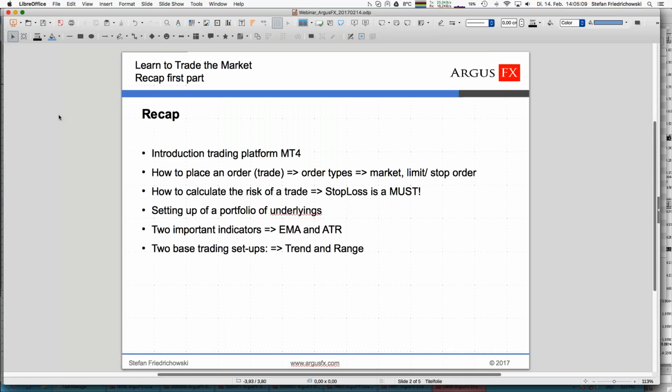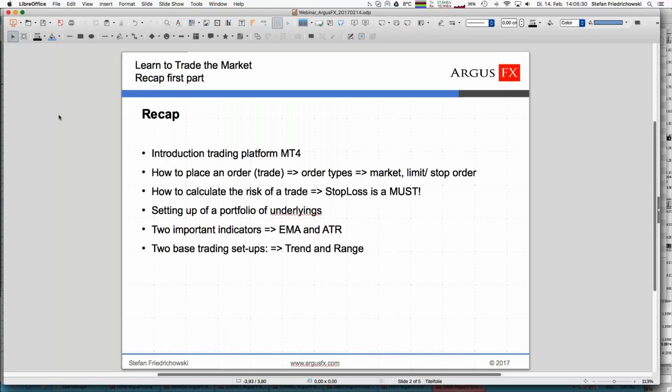And you learned that there are in principle two types of orders. One is a market order, which always means the trade is initiated immediately, and there are so-called pending orders, that are conditional orders like limit and stop orders.